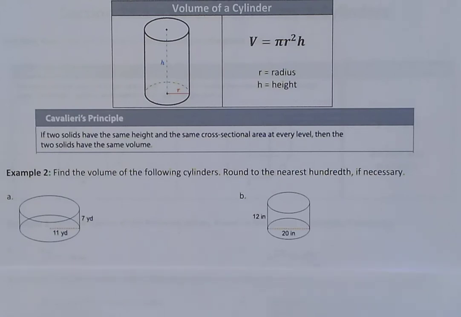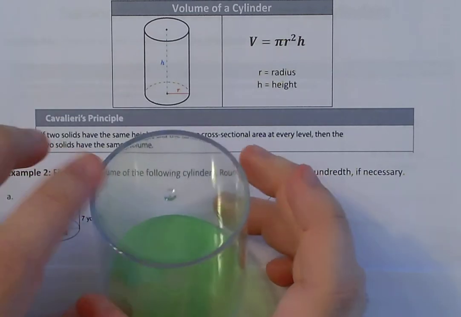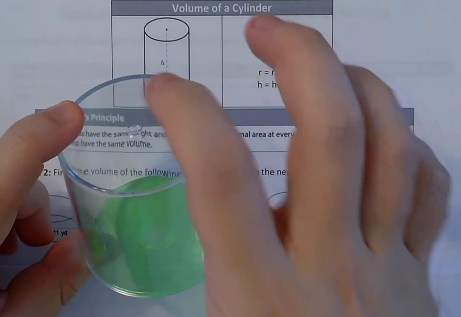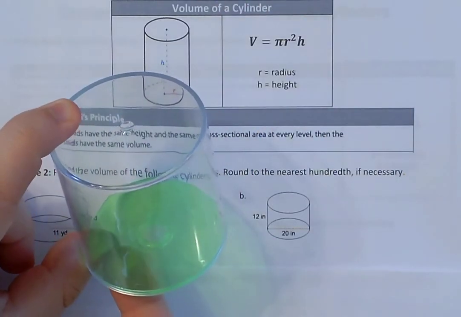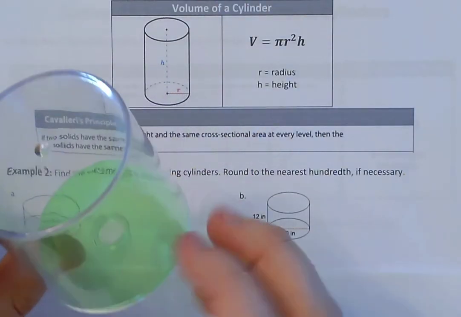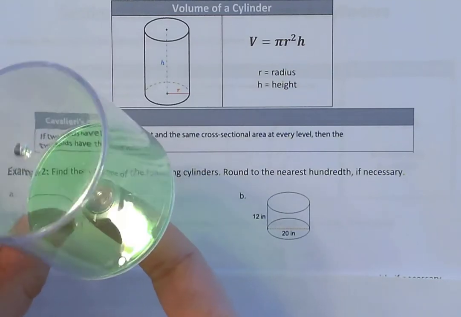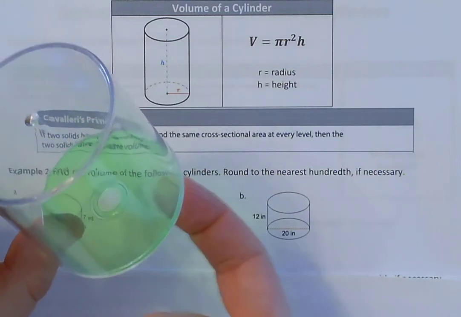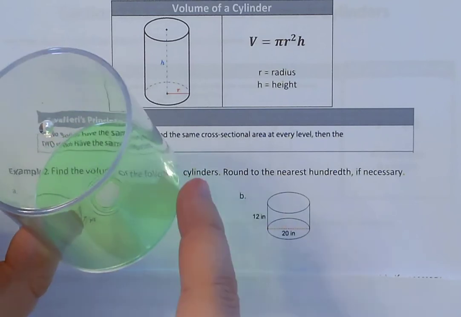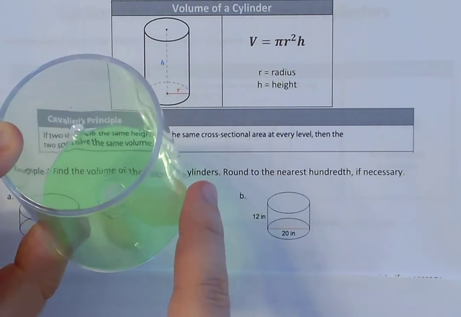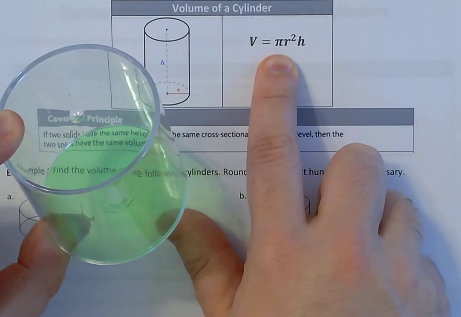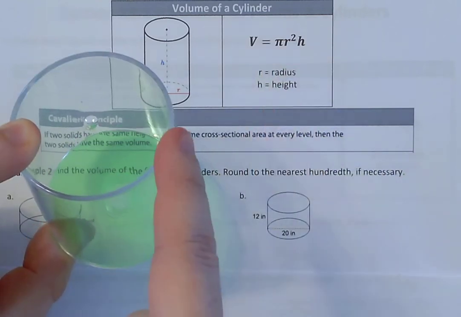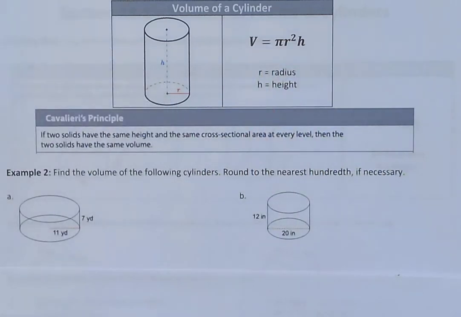So, for a cylinder, it should have a can-like shape where you have a circle on the top and on the bottom, and then it should be rounded all the way around. So we need to figure out the radius of the circle on the base, and then we're going to multiply it with this pi r squared h, and we're going to multiply it at the end by the height of the cylinder. So radius and height, and that will guide us for today.